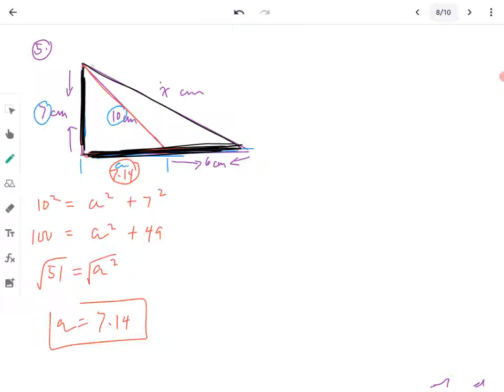The hypotenuse for this is x cm, which equals the sum of the squares of the legs, which is 7 squared and 13.14 squared. Adding that together, we have 221.66.